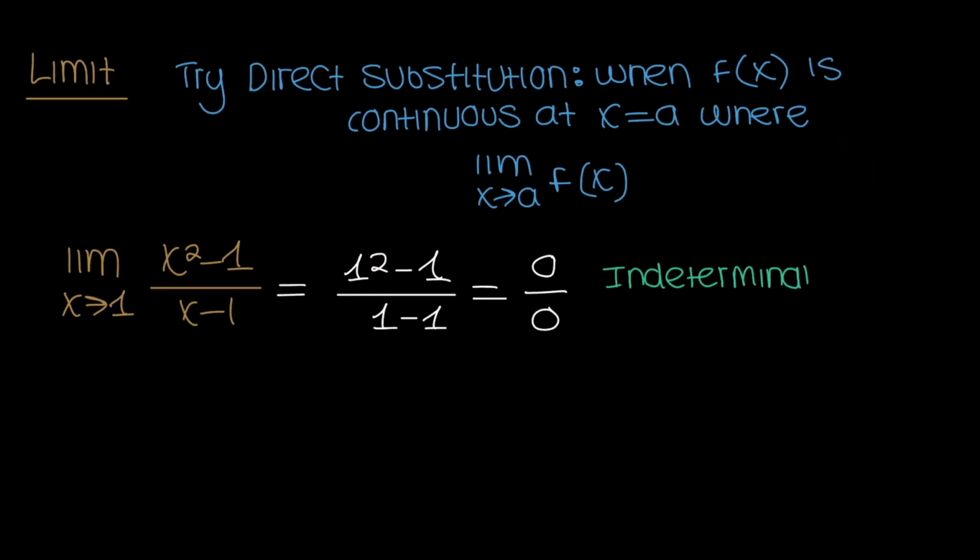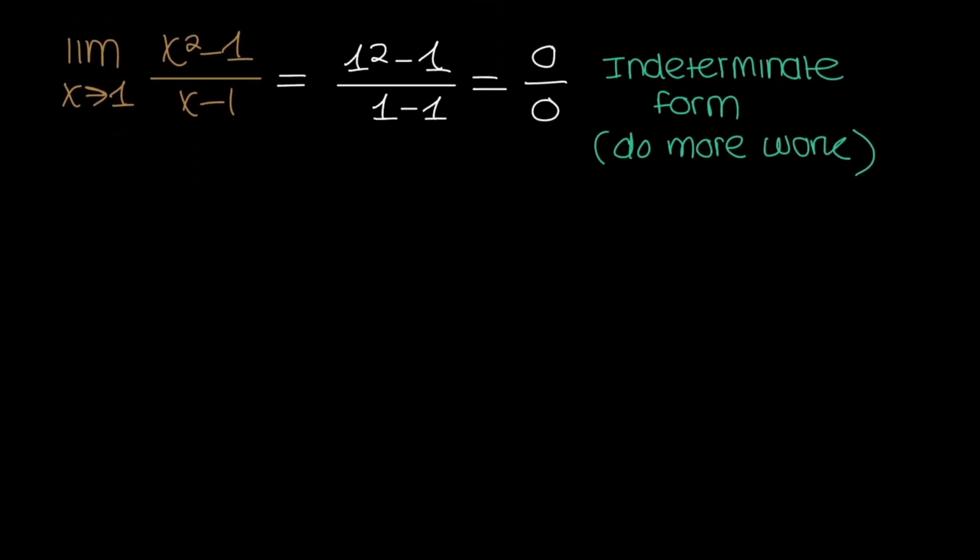In other words, we call this do more work, and this is where algebraic manipulation comes along. The first method I want to show you guys is factoring. So method 1 is factoring.